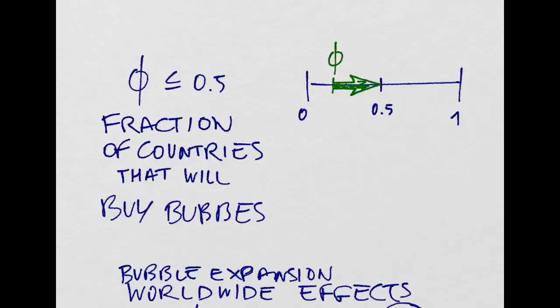Now imagine that the fraction of the countries in the world that actually buy bubbles starts going up. At the beginning, there's a few of them, but then there's more and more countries in the world, these low productivity countries who start buying bubbles, and this fraction increases.